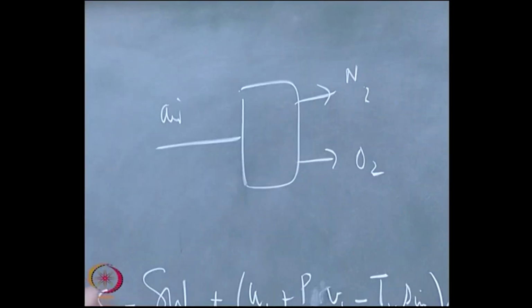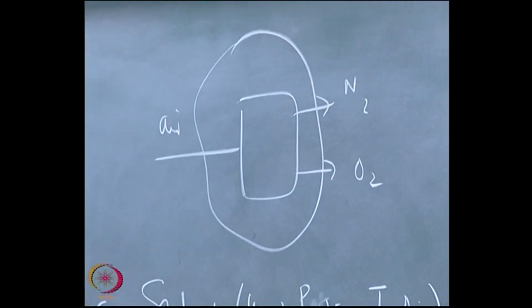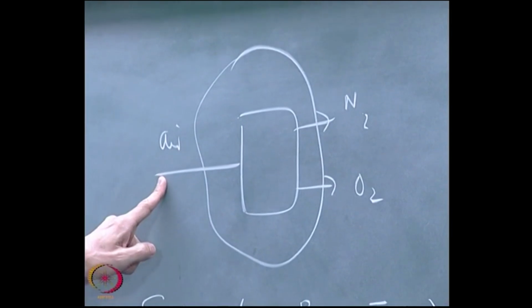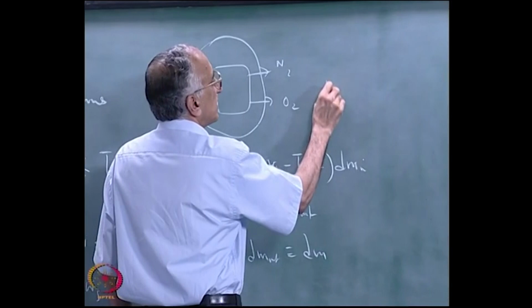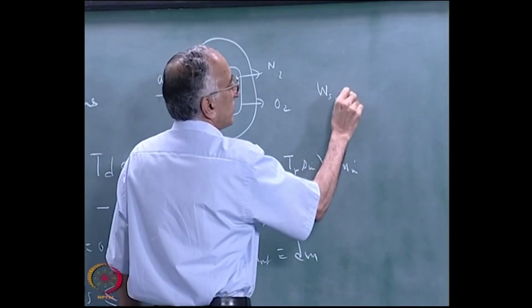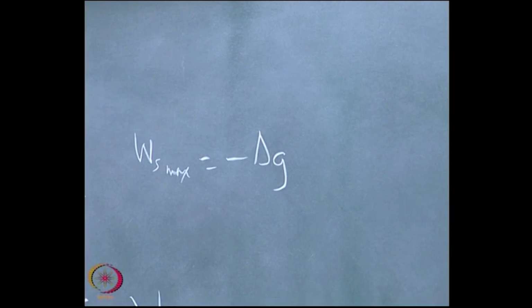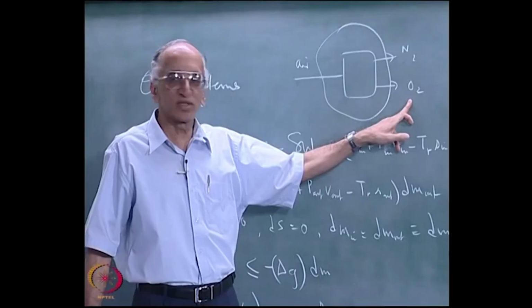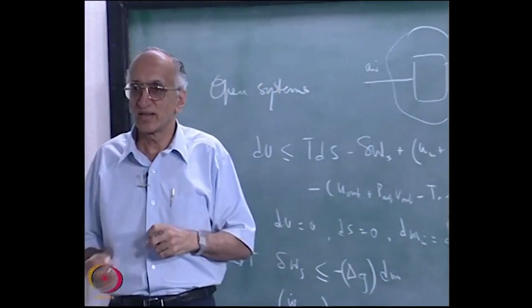He's got all kinds of things coming in, going out. Each of these is at 25 degrees 1 atmosphere, and you say Ws max that you have to put in is minus delta G. It means x1 times G1 for nitrogen plus x2 G2 for oxygen minus that for air.